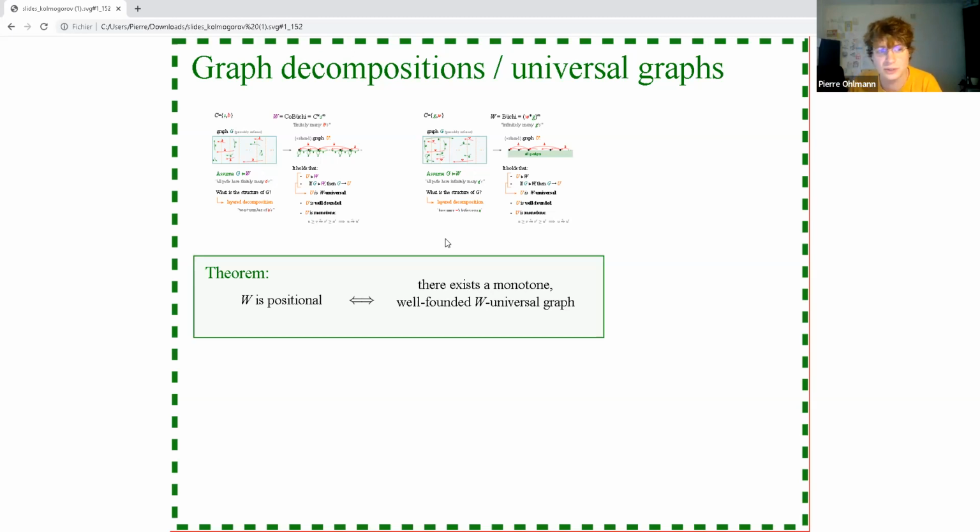These are signatures. It's the same as in progress measure algorithms for parity games. It's always the same concept: you count the number of odd occurrences before the next bigger occurrence, and this defines a universal graph, basically.